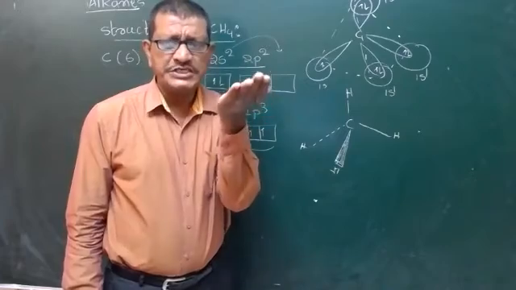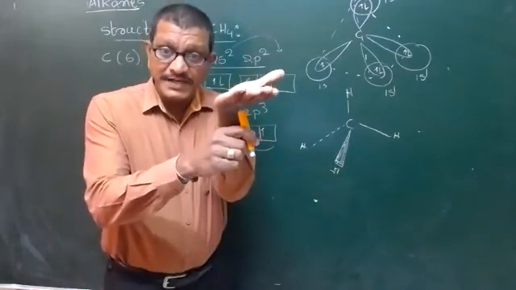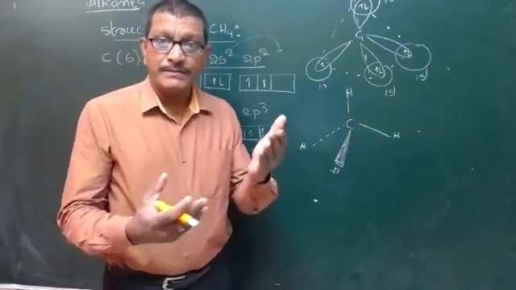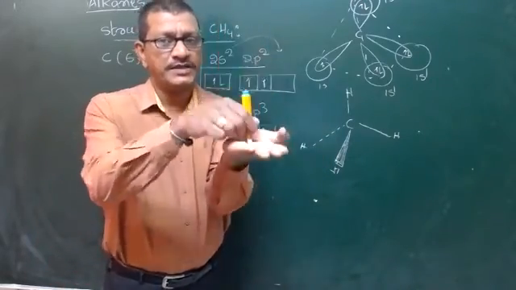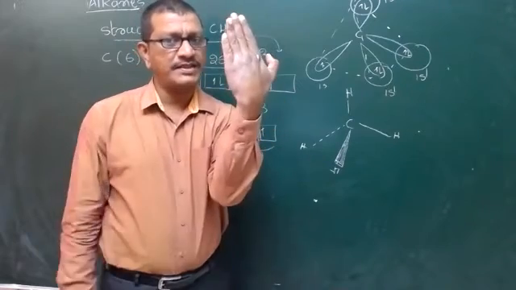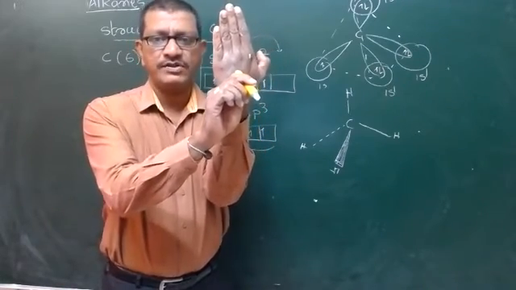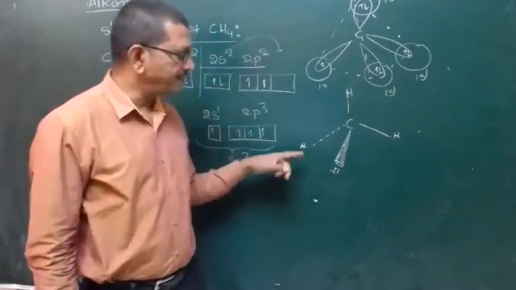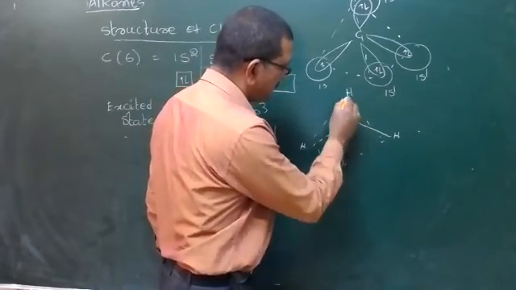Above the plane is denoted by dark, and below the plane is denoted by dotted. The meaning of dark is near to the viewer, and dotted is far from the viewer. This is the structure of the molecule.